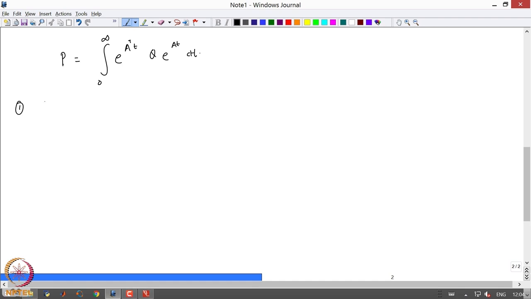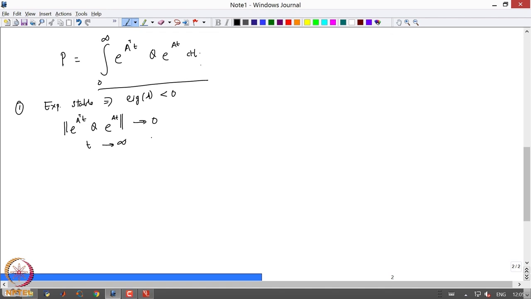I know that the system is exponentially stable, which also means that the real parts of the eigenvalues of A are strictly less than 0. Therefore, if I look at this quantity, e power A transpose t Q e power A t, it will converge to 0 exponentially fast as t goes to infinity, and therefore I can say that this integral is absolutely convergent, or this limit actually exists.